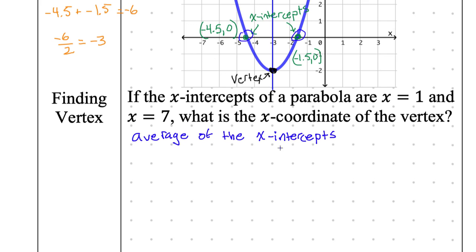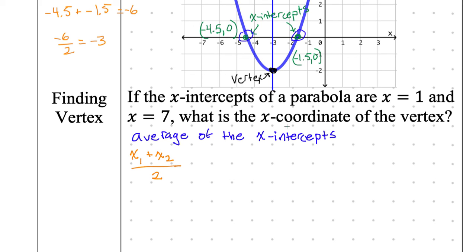And I'm being very, very informal by saying this. I should technically be saying it's the average of the x-coordinates of the x-intercepts, but it doesn't make sense to take the average of the y-coordinates because the average is always going to be 0. So another way of saying this is you can do x1 plus x2, those x-coordinates, and then divide by 2. That's what it means to take the average.